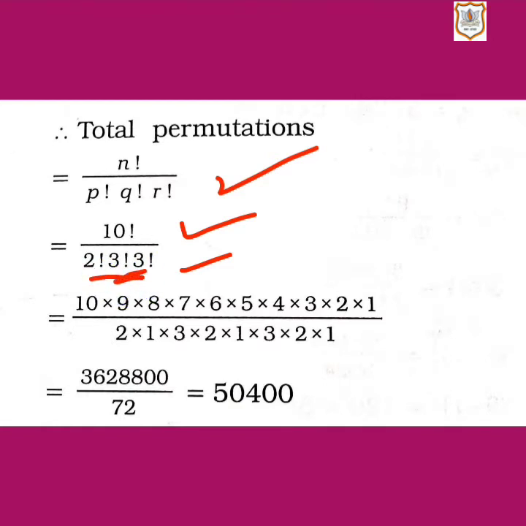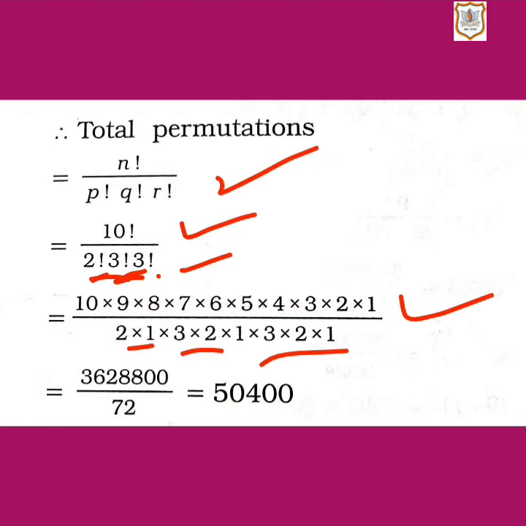It doesn't matter. 10 factorial will be 10 into 9 into 8 into 7 into 6 into 5 into 4 into 3 into 2 into 1. 2 factorial will become 2 into 1. 3 factorial will become 3 into 2 into 1. 3 factorial again will become 3 into 2 into 1.